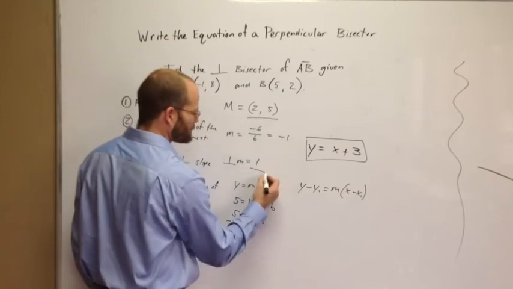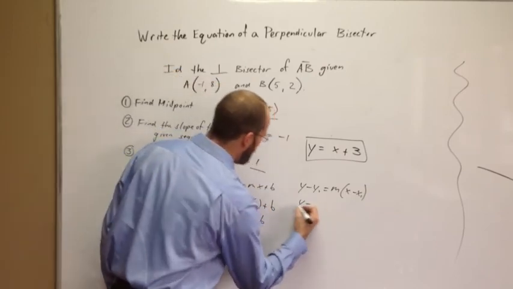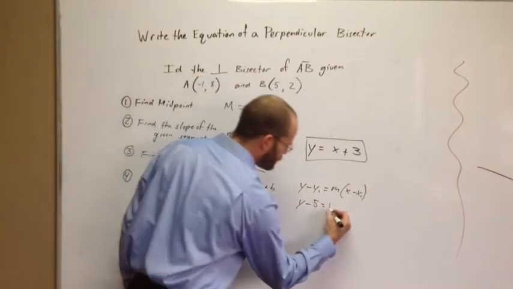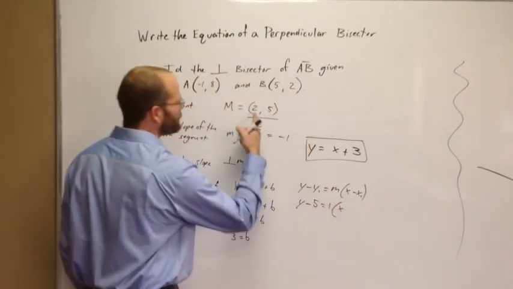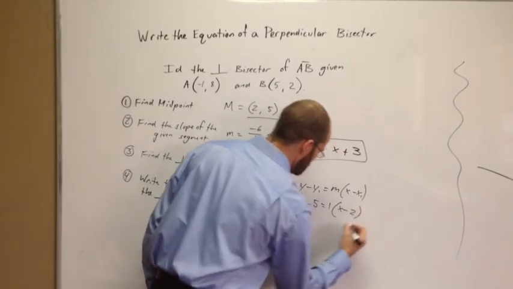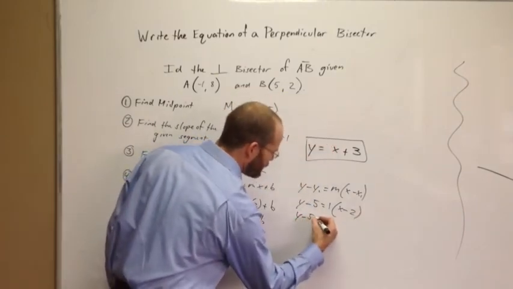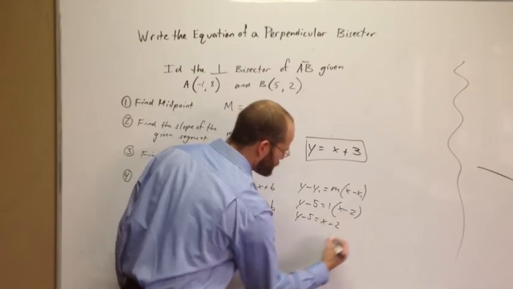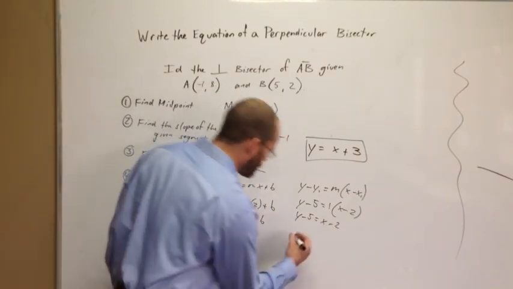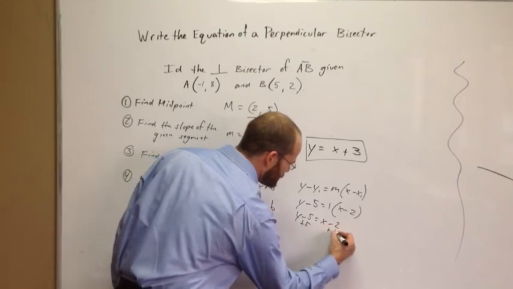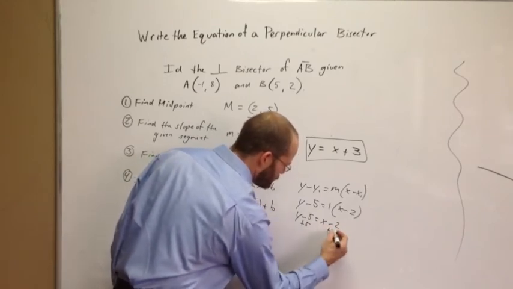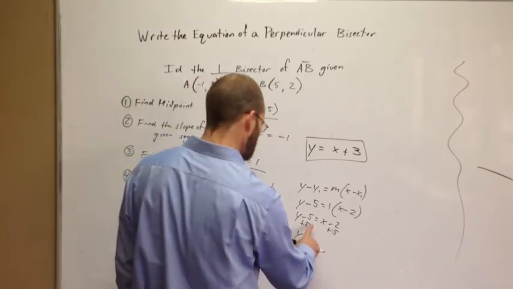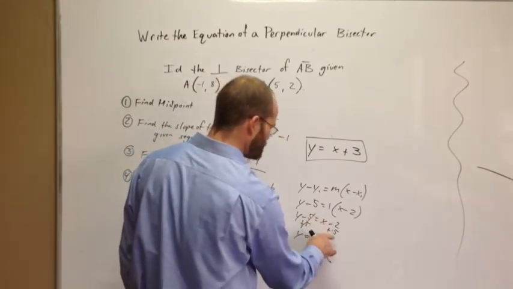Here's our point, here's our slope. y minus 5 is equal to slope, which is 1, times x minus 2. y minus 5 equals x. 1 times x is x. 1 times negative 2 is negative 2. We need to add 5 to both sides. y equals, this cancels, x plus 3.